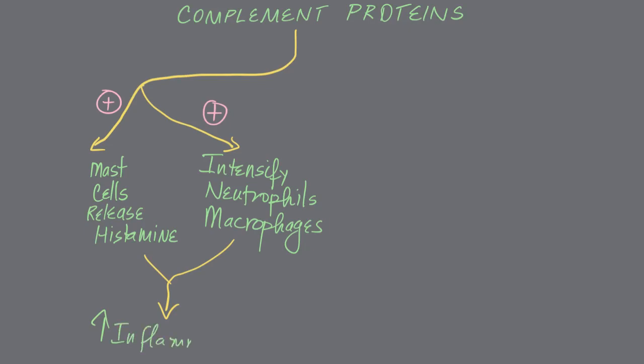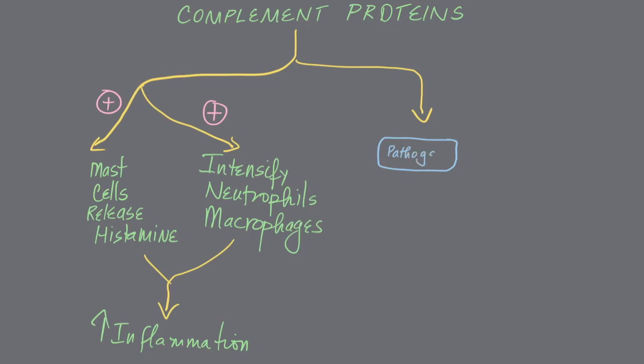The next function of complement proteins is to make pathogens more appetizing. Yes, you heard that right. The complement proteins act like curry powder on your food. Here's the pathogen shown in blue.